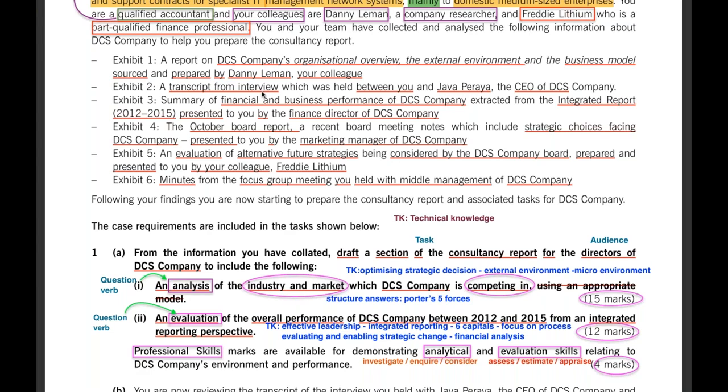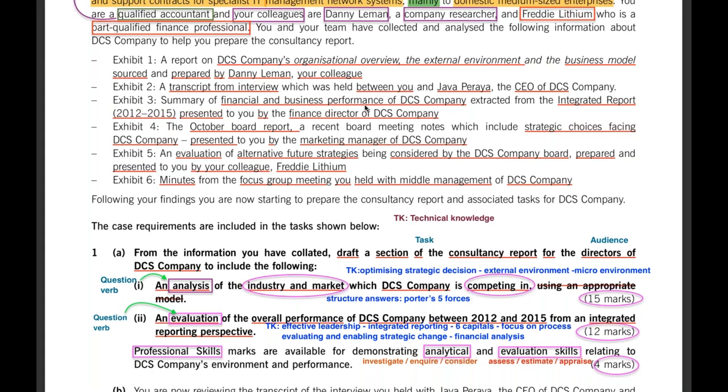And when it comes to a transcript from an interview between you and the CEO, roughly you wouldn't know what is inside there until you have a look at it. But number 3, definitely you'll be able to gauge that there will be a financial statement, which is actually an integrated report about the performance of DCS.